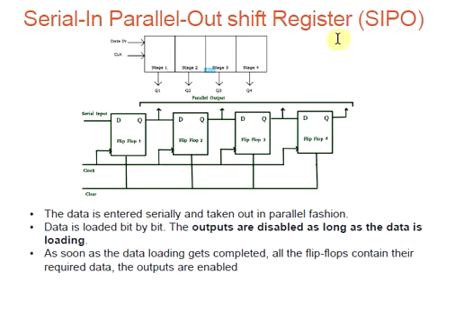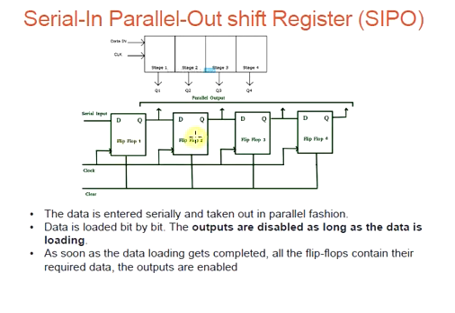As soon as the data loading is completed, all the flip-flops contain the required data, and the outputs are enabled. 4 clock cycles are required to load a 4-bit word. Hence, the speed of operation of serial input, parallel output mode is the same as that of serial input, serial output mode registers. Here you can see the corresponding logic diagram.